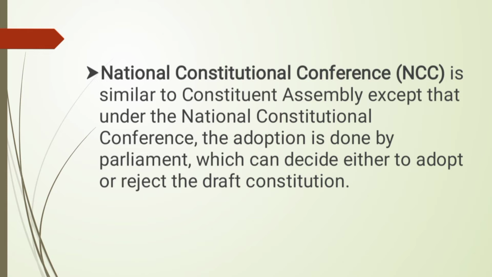No control by Parliament. But for National Constitutional Conference, a body of representatives will be elected. But remember, pay attention to this one. Parliament will be involved here. For the National Constitutional Conference, Parliament will be involved. It is the one that will decide whether to adopt or to reject the draft constitution. This is how it is.